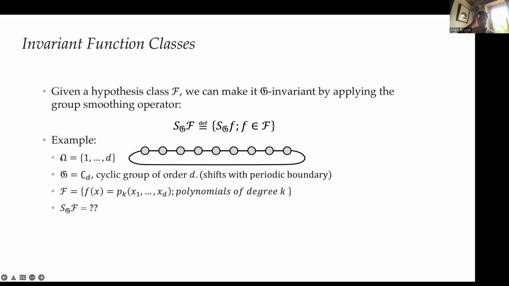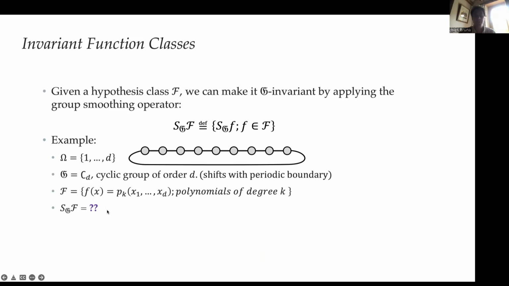Now I consider as my hypothesis class F all the polynomials of degree K that I can build with the coordinates. And now let's think about what we would get if we take these polynomials and consider the smooth version.